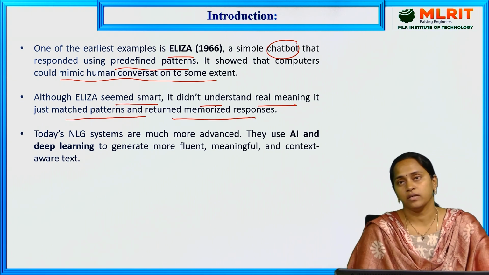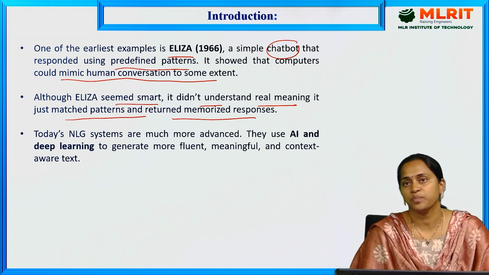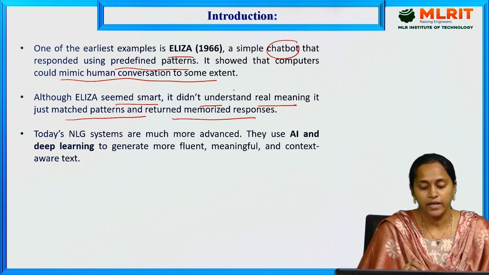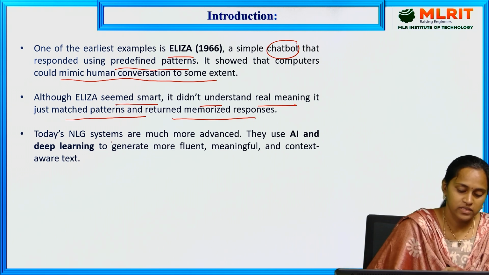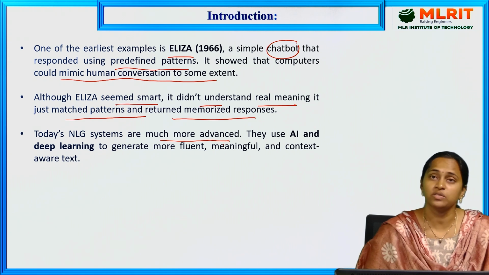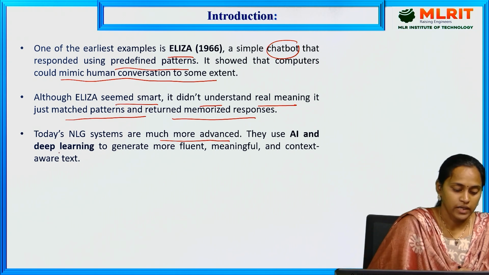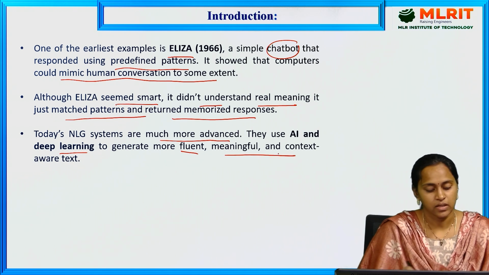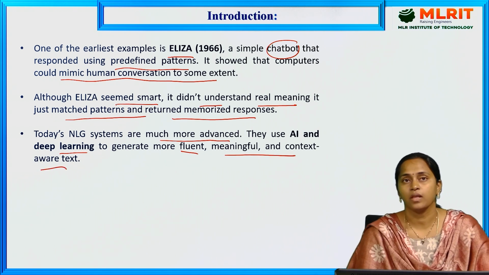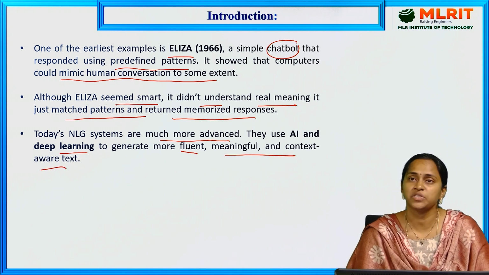It did not understand the actual meaning of the sentence, right? Today's NLG systems are much more advanced because they use AI and deep learning techniques to generate more fluent, meaningful, context-aware text. This is all about the introduction of natural language generation.